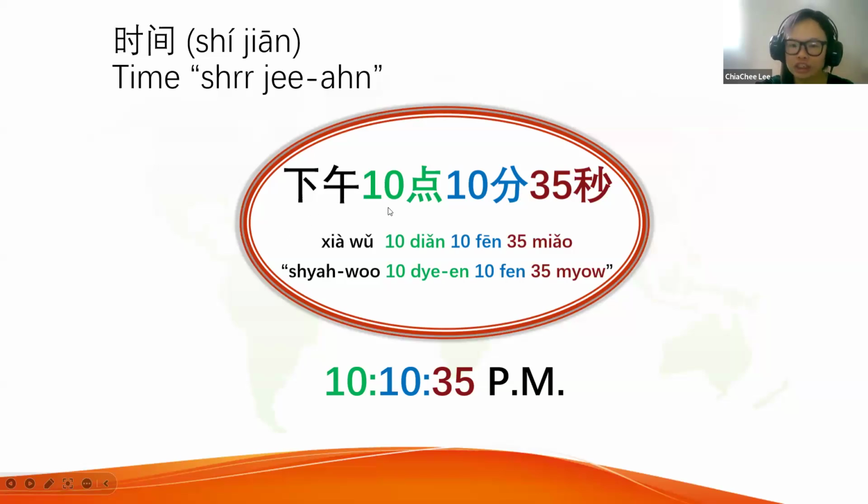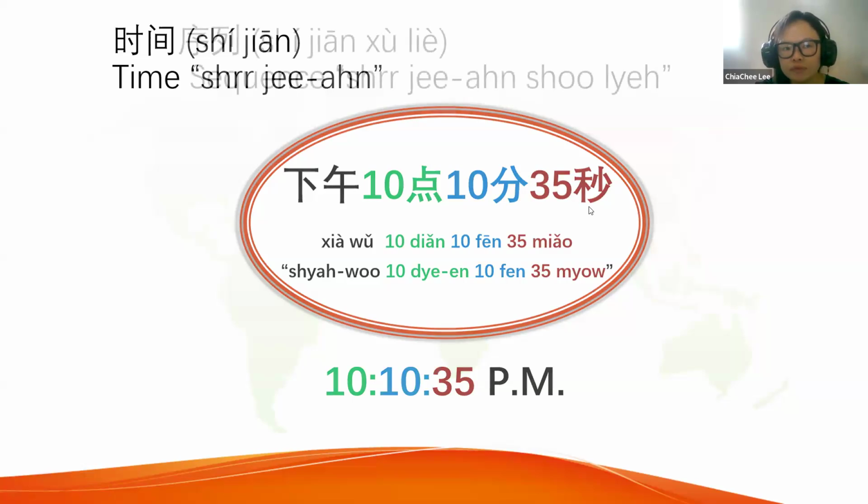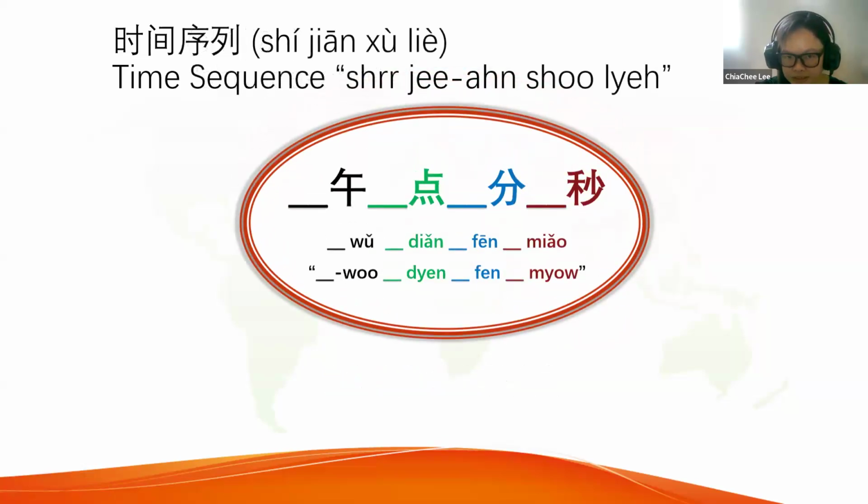下午10点10分35秒. All right. With this, we grab the time sequence that we always mention, 上午10点开会 or later on 下午4点我开会, have meeting by 4 p.m. for example.